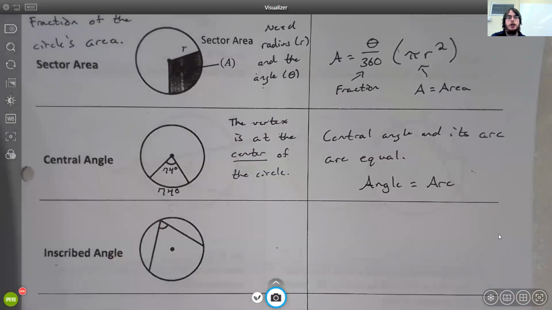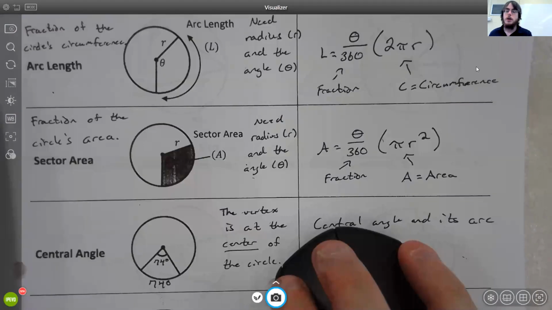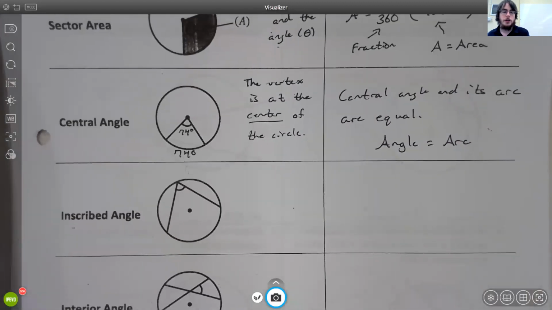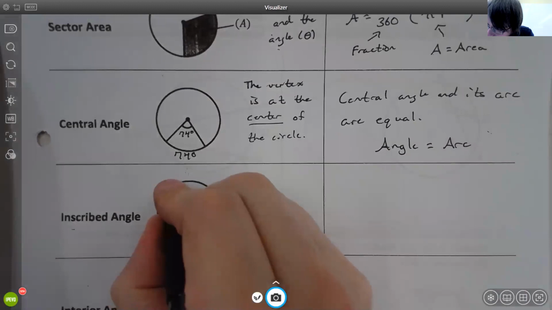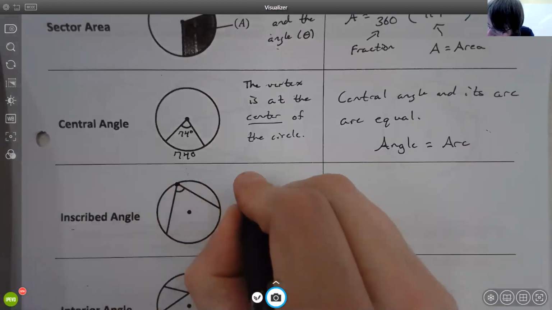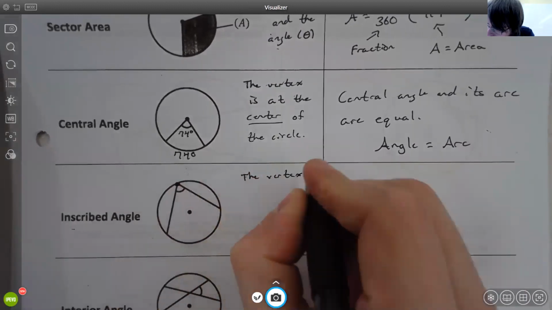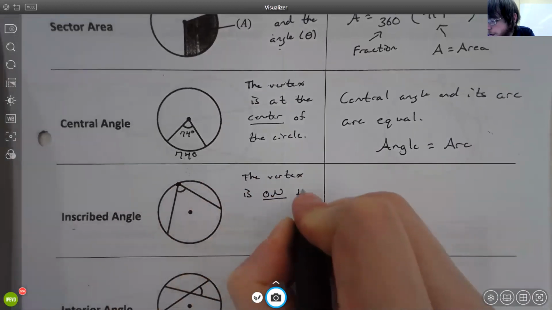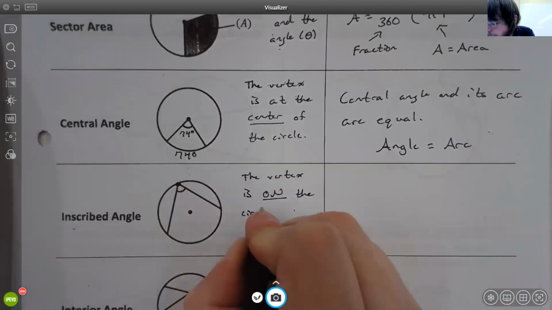All right, so let's talk about the inscribed angle next. The important thing about an inscribed angle is where the vertex is located. The vertex of an inscribed angle is located on the circle itself.